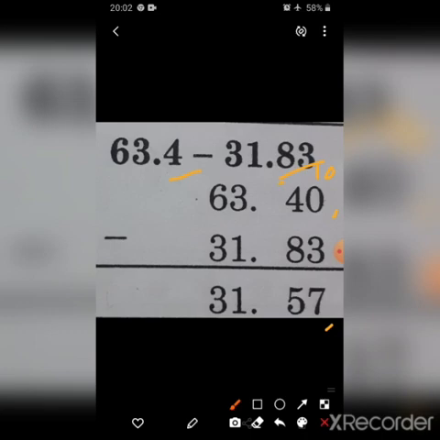So here remaining 3. 3 minus 8, is it going? No, again borrow 1 from here. 13. 13 minus 8, 5. So here remaining 2. 2 minus 1, 1. And 6 minus 3, 3. 31.57.